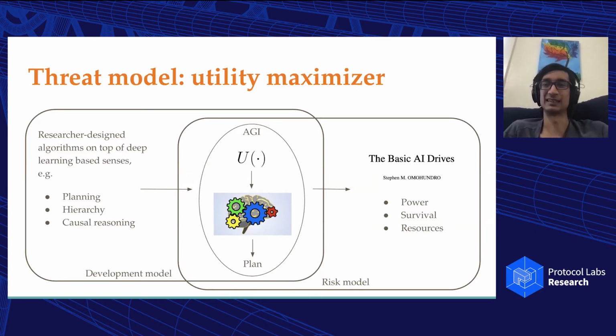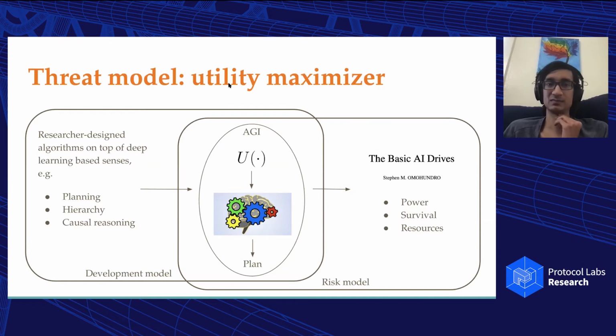But intuitively the actual agentic parts, the parts where the agent is making plans in the world, will be these more explicit algorithms that have embedded into them a criterion by which you evaluate different plans, which is what this utility function is.